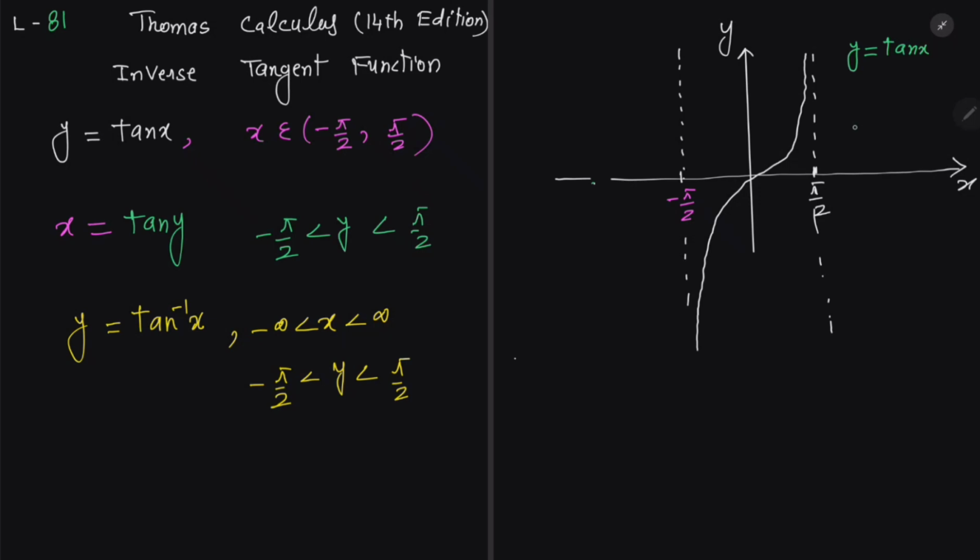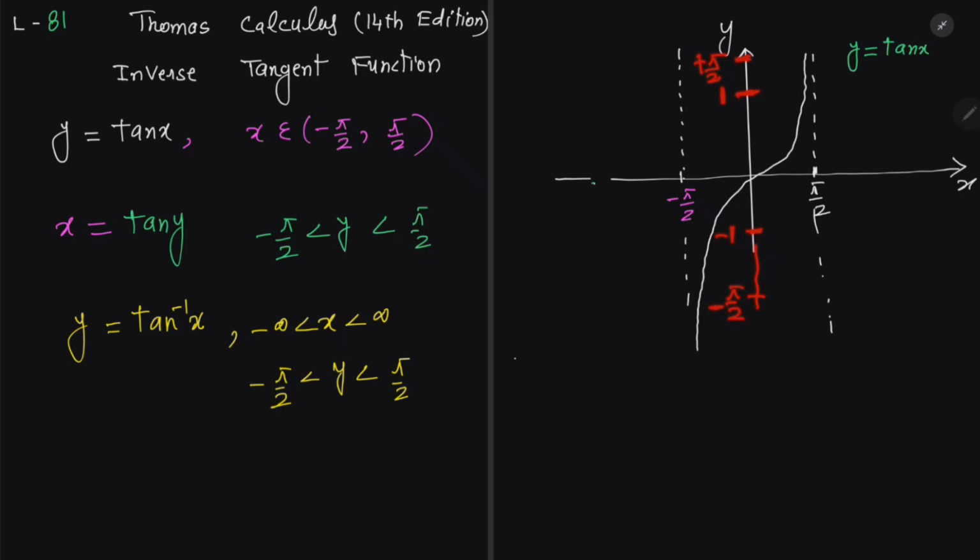On the y-axis, we have 1 over here, for example, and this is minus 1. Then we have pi by 2, and this is minus pi by 2. On the negative y-axis, we have negative values.